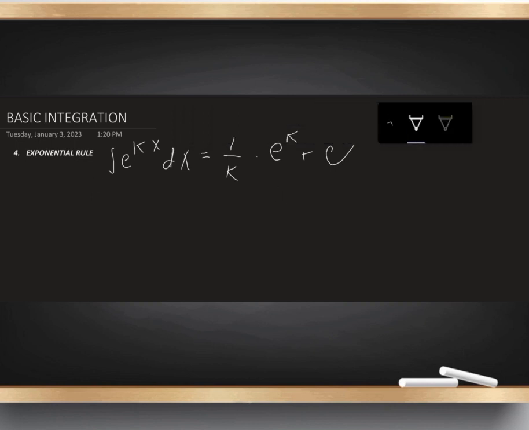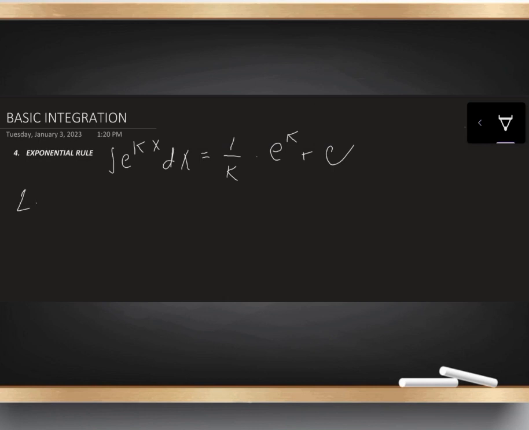So let's say you're given the problem, the integral of e raised to 7x minus 3 dx. So again, we just need to follow the formula. So 1 over k, k here is 7. So 1 over 7 times, copy, e raised to 7x minus 3 plus c.